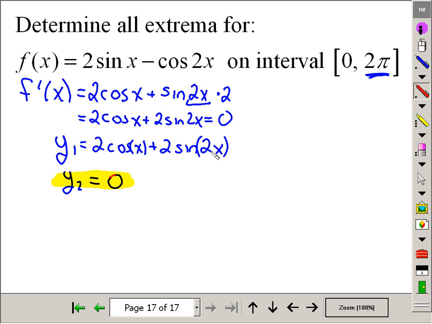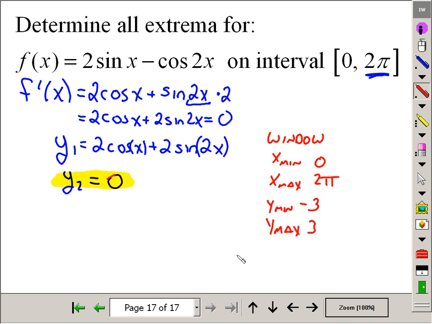When you do this, graph y1 and fix your window. X min is 0. X max is 2 pi. Y min is -3. Y max is 3.